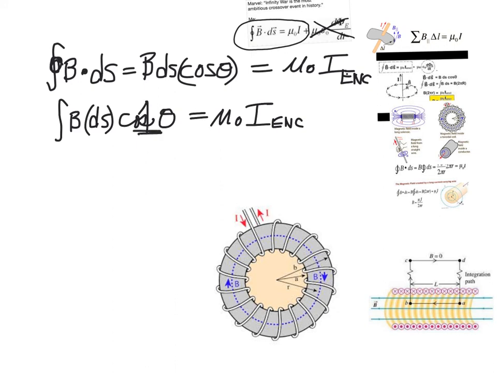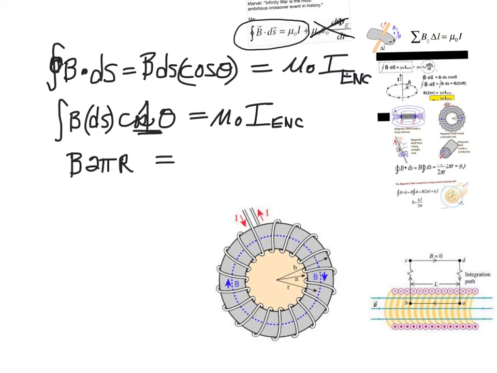B will be constant over that blue circle because we're the same distance from the edges of the coil. And so all we got to do is integrate all the ds's, and that's the circumference of that circle. So this integral ends up being B 2 pi r, where r is the radius of the blue loop.